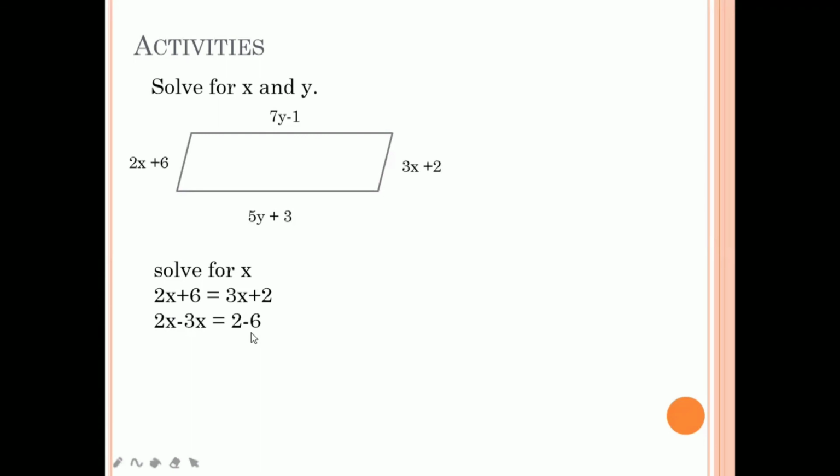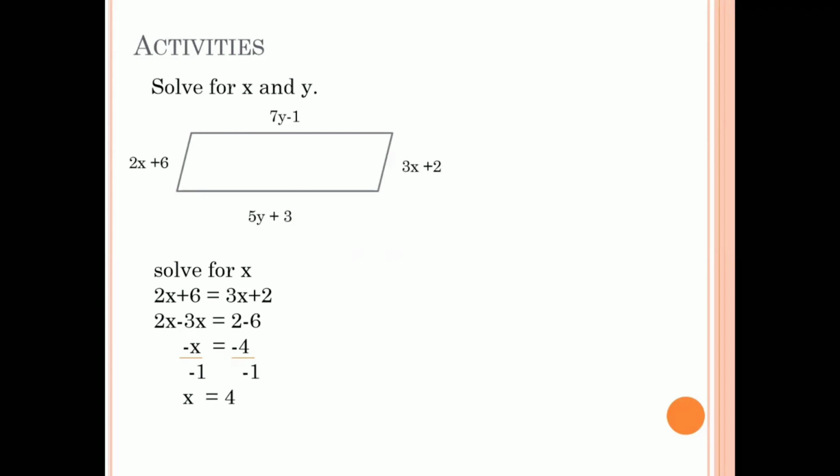So 2x minus 3x equals 2 minus 6, which gives negative x equals negative 4. Divide both sides by negative 1 so that x becomes positive. So x is 4.